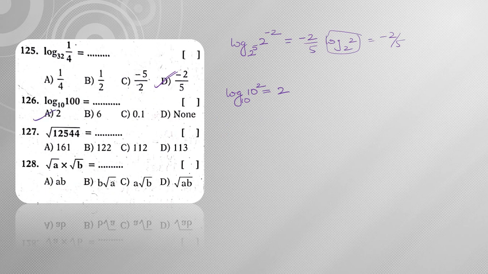Next, square root of 12544. Now clearly from the options, 161 and 113 will not come, because here the units place is ending with 4. So that's why the units place will be either 2 or 8. There is no 8, so we need to verify for 122 and 112.